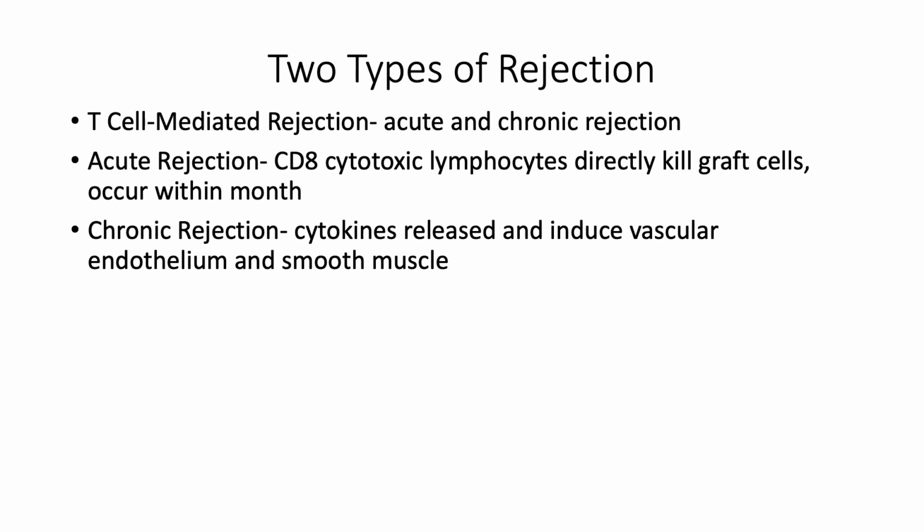There are two types of rejection. There's T cell-mediated rejection, acute and chronic rejection. Acute rejection has CD8 cytotoxic lymphocytes directly killing graft cells, which occurs within a month. Chronic rejection, cytokines release, and they induce vascular endothelium and smooth muscle.